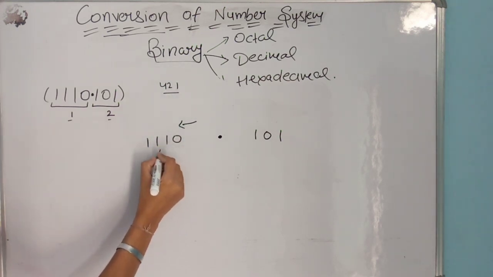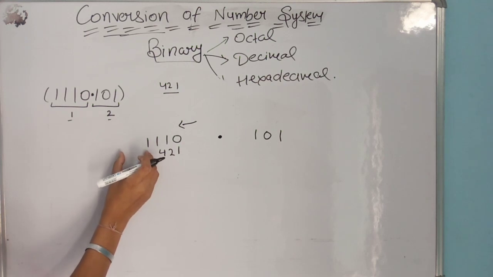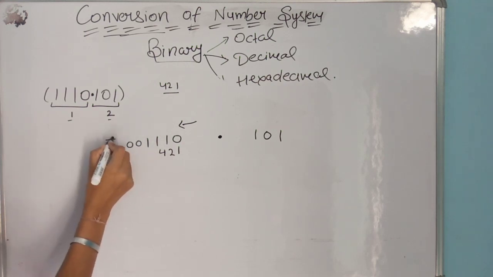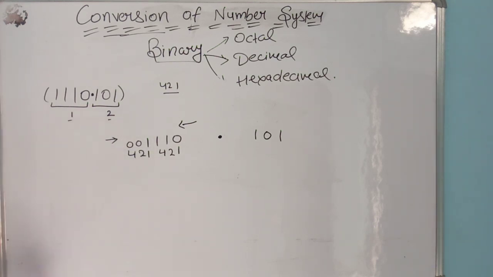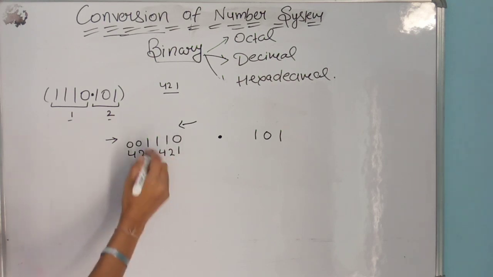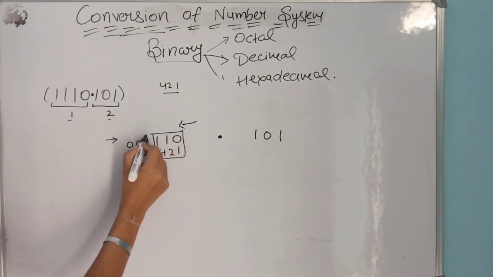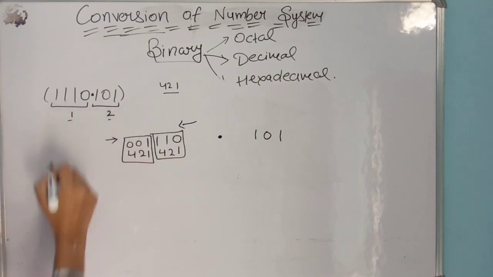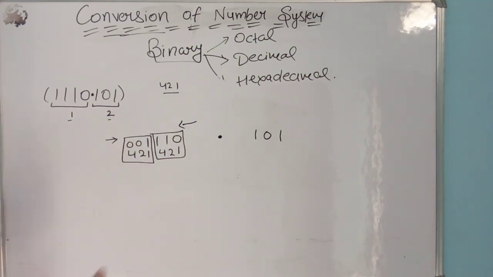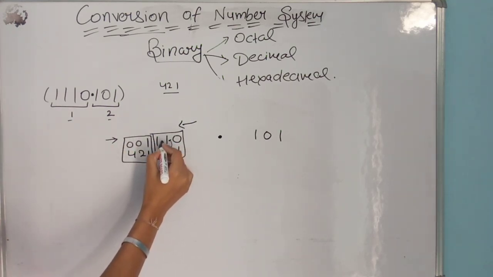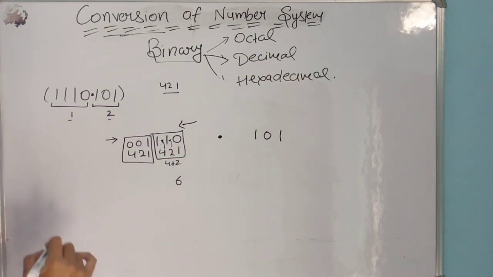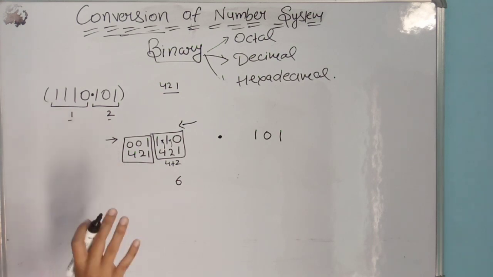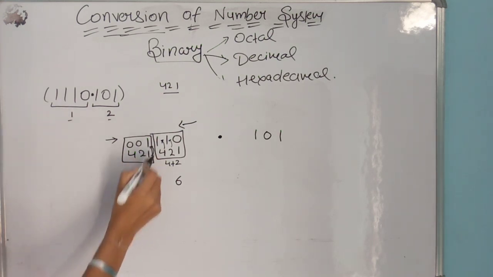So now 4 2 1, and we complete this group by inserting 2 zeros, and 4 2 1. So now we divided it into two groups. Now learn about the on bits. On bits are at the position of 2 and at the position of 4. So 4 plus 2 means 6. In this group, where is the on bit? The on bit is at the position of 1 only, so it means 1.